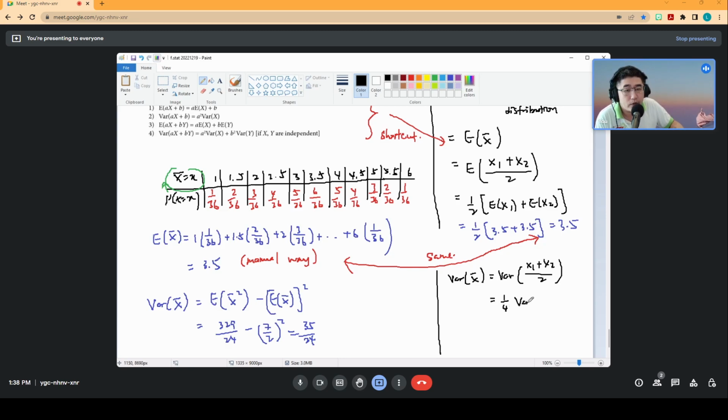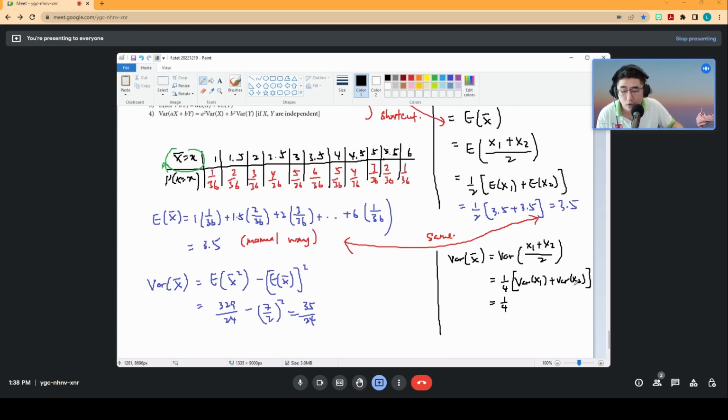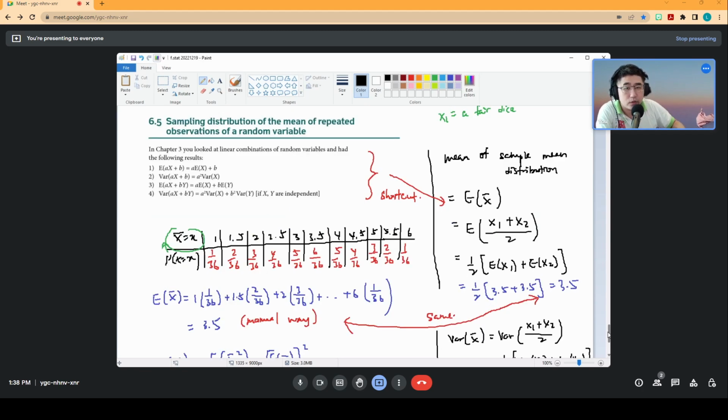So I have 1 over 4 of variance of x1 plus variance of x2. We totally use this from chapter 2. Variance of x1 is from one dice.